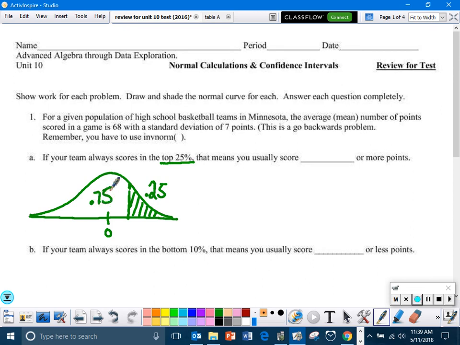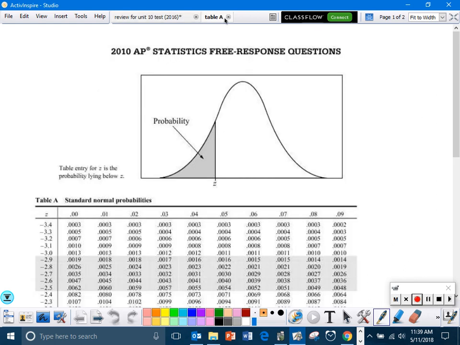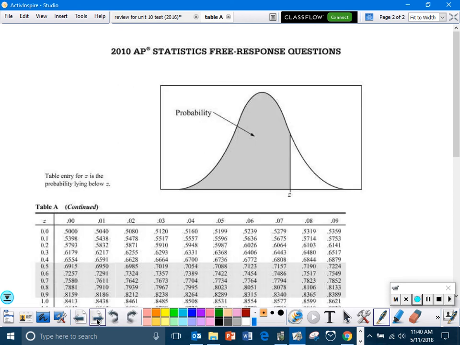All right, I'll show it with the table first. Then I will show it with the calculator. So the first thing we need to do is find the z-score for that spot. So with the table first, I go look for the 0.75, which is on the positive side.